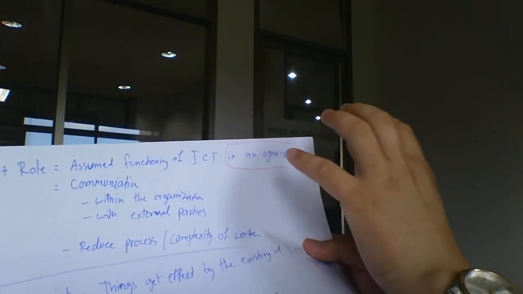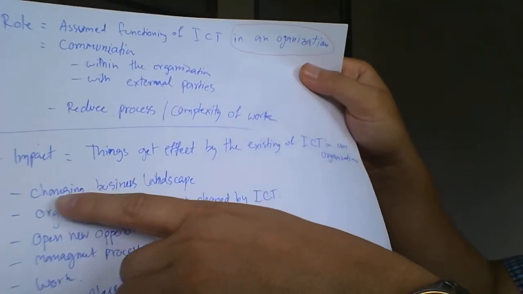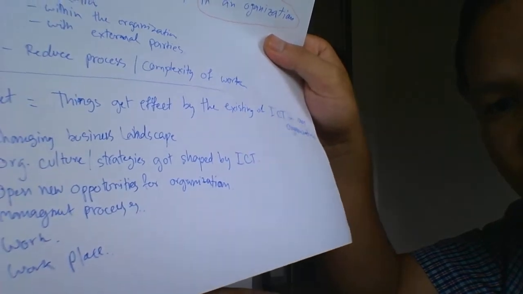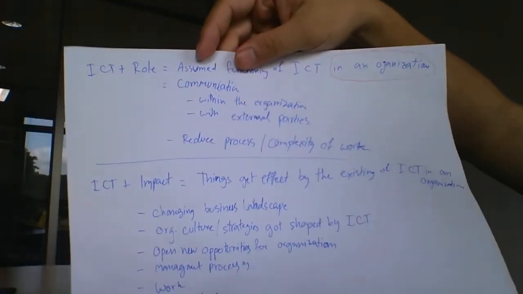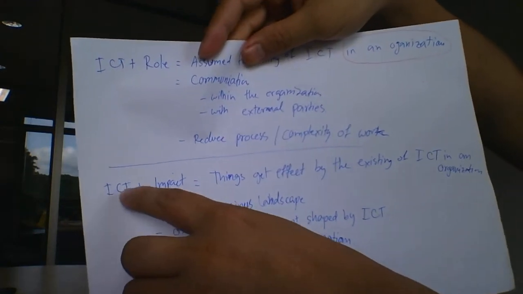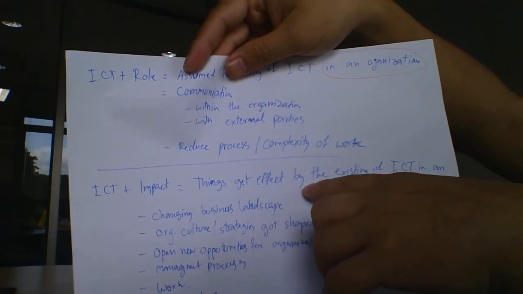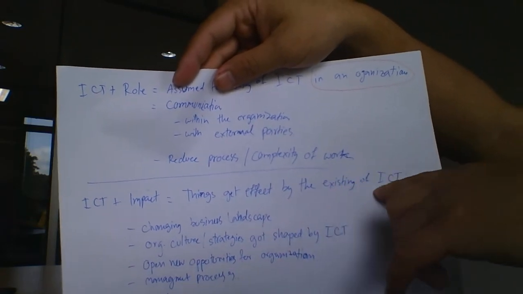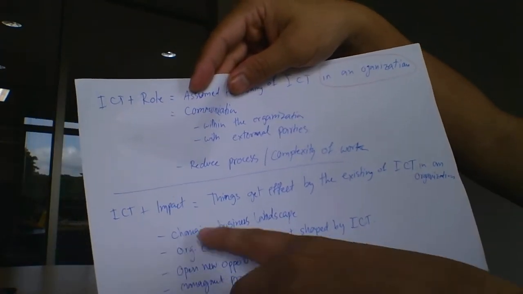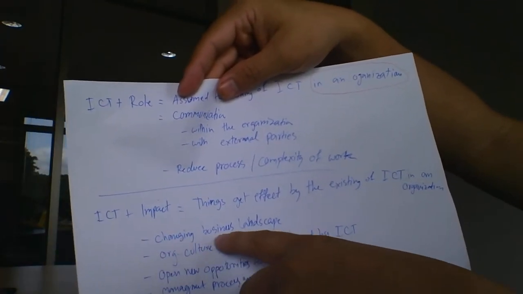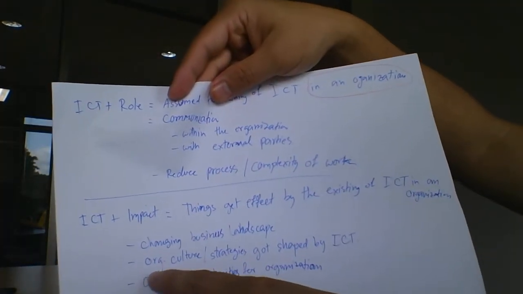Okay, and ICT is also a kind of organization, and we look for that. The second one is about impact. ICT and impact. Impact means things getting affected or influenced by the existence of ICT in an organization. Changing business landscape, maybe it's a business organization.